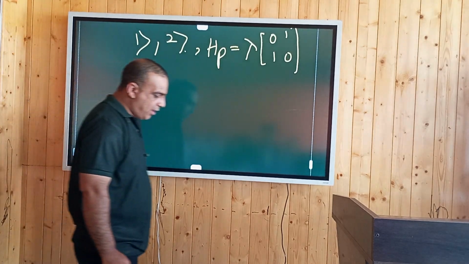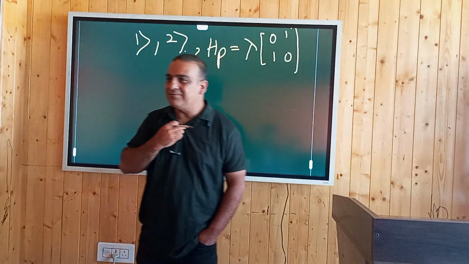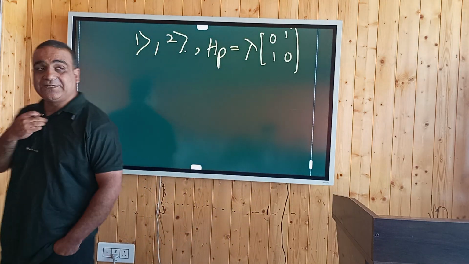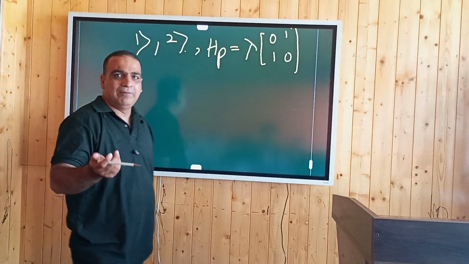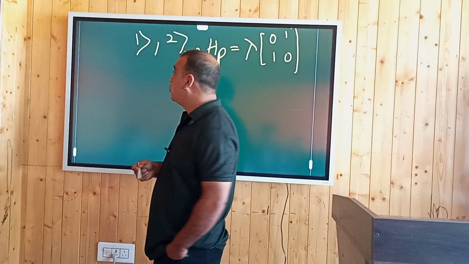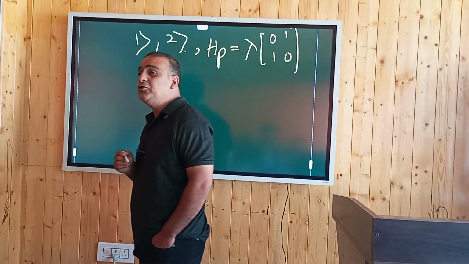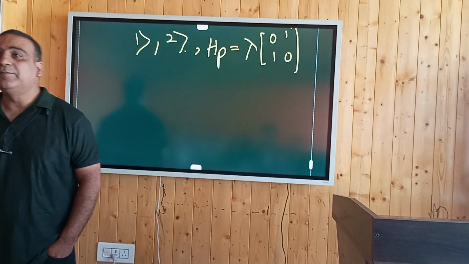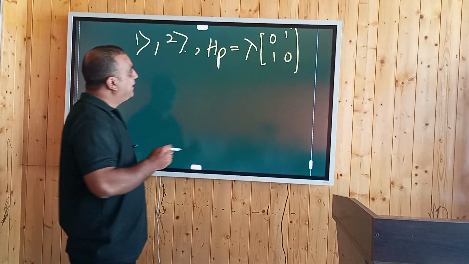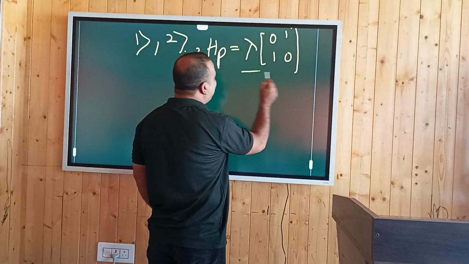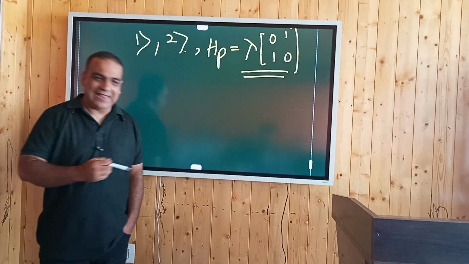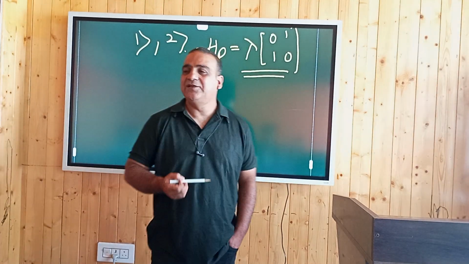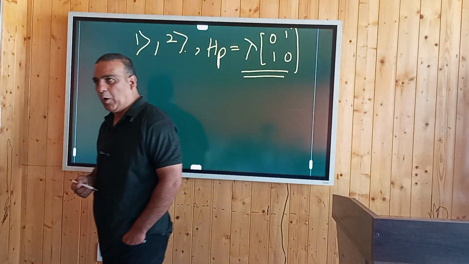So we have a degenerate system with two eigenstates. I name them eigenstate 1 and eigenstate 2, and I introduce the perturbation, defined by this matrix, where lambda is a constant whose value is very small.